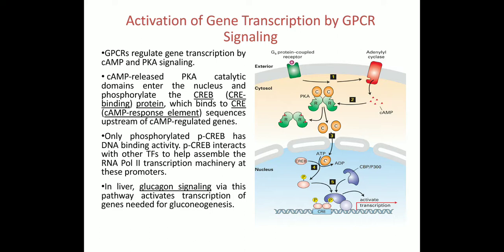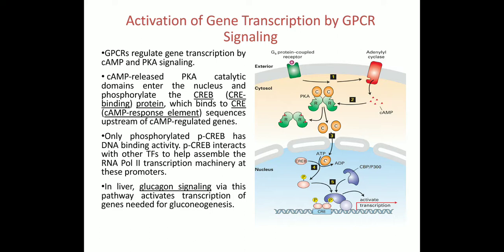When cyclic AMP is released, the protein kinase A catalytic domain enters the nucleus and phosphorylates the CRE binding proteins, which bind to the CRE sequences upstream in the cyclic AMP regulated genes.